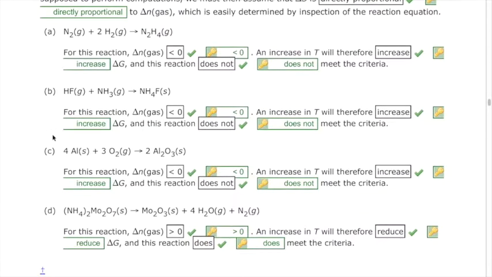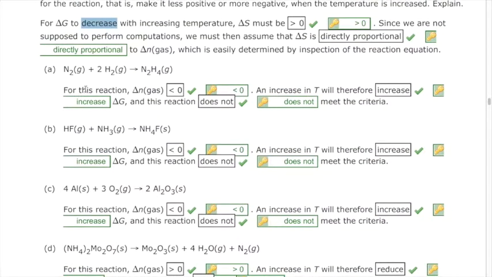So for A, B, and C, we are decreasing the number of moles of gas, and that's just based on coefficients.